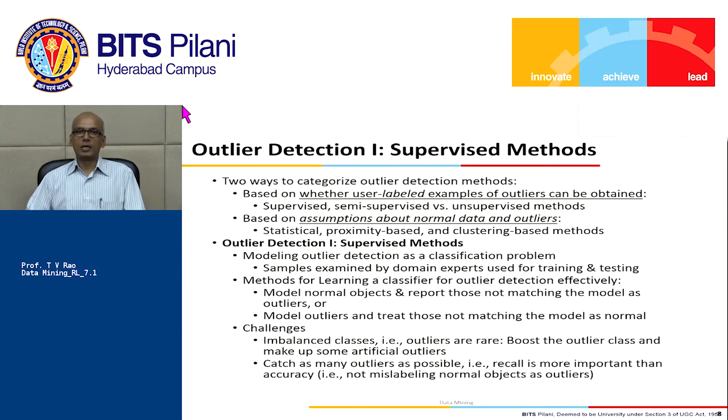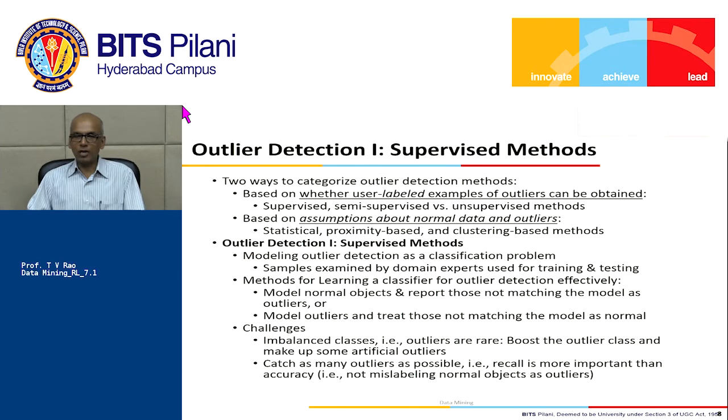Now let's look at some of the techniques that we have for outlier detection. First, we'll look at a supervised method. Though it may not apply in many contexts, this is one technique which we can use when we have clear-cut labels with respect to what is normal and what is abnormal.